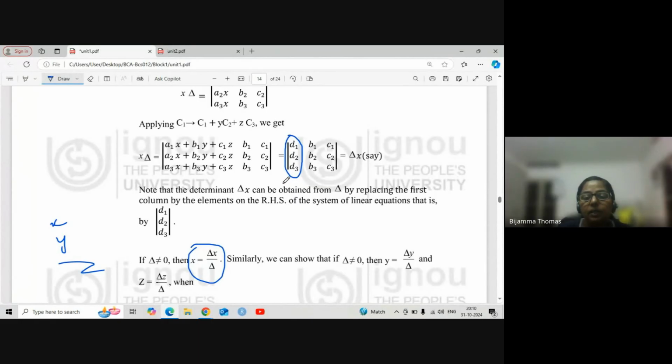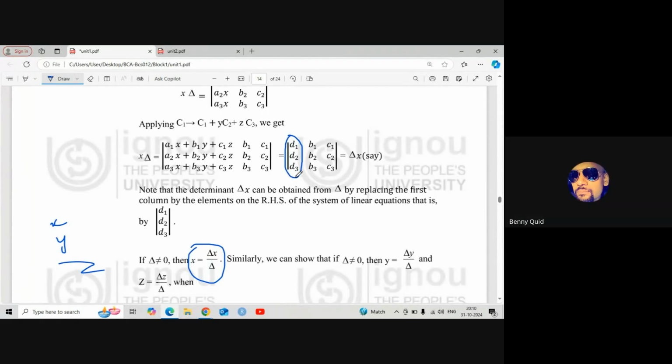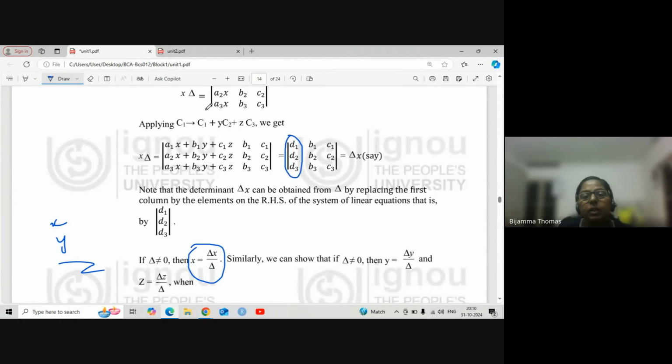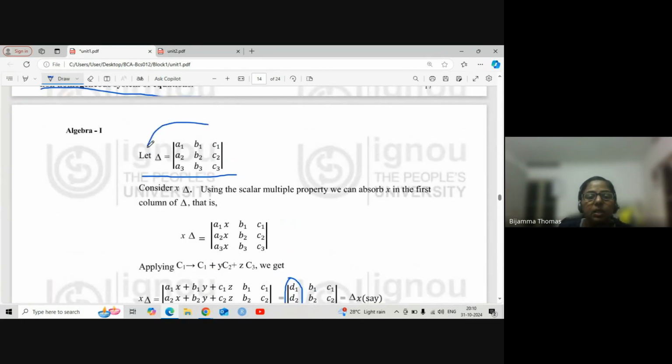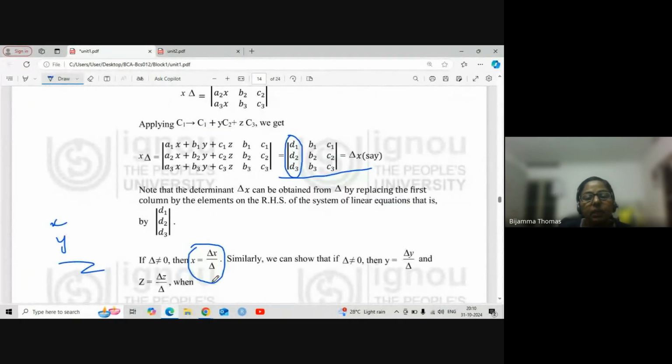Is it clear? Yes, ma'am. So when the first column is replaced by the right hand side constants, we get delta x. Delta is the determinant of the coefficients, and when delta x is divided by delta, we get the value of x.